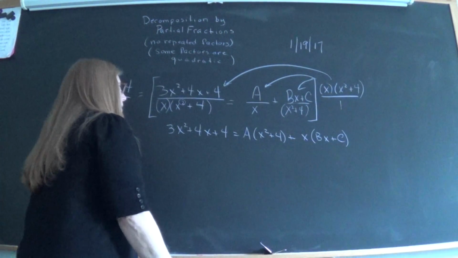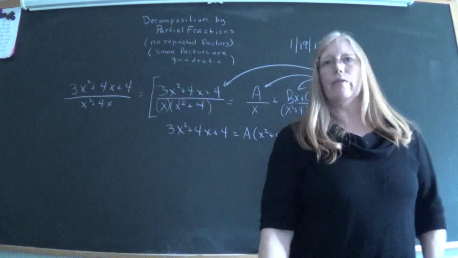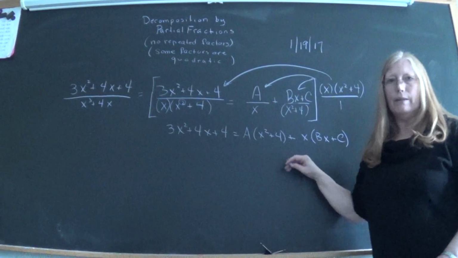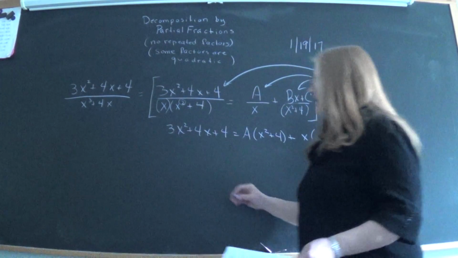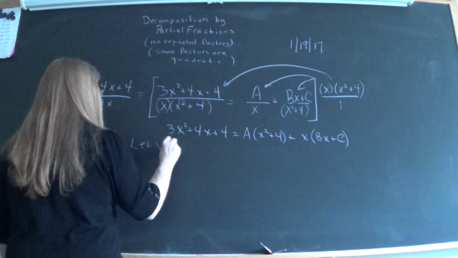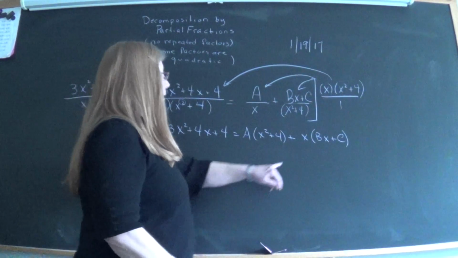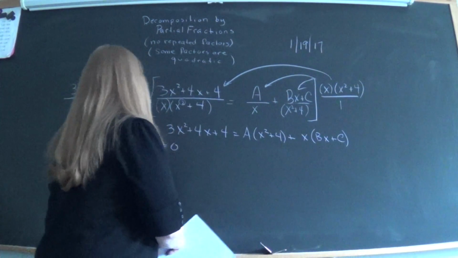Alright, so with that, we're going to continue much the same as you remember from the other problems we've seen. We're going to play the let x game. So, let x equal 0. The reason I picked 0 is I see that will eliminate that and simplify a whole lot for us.